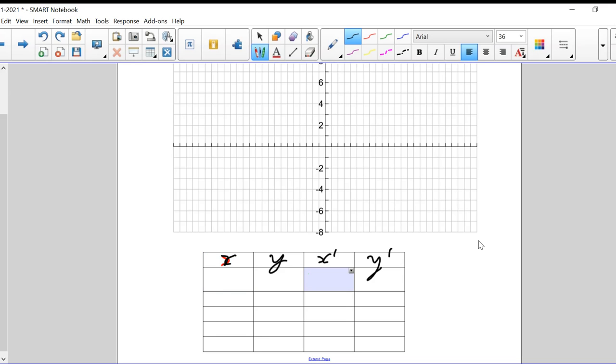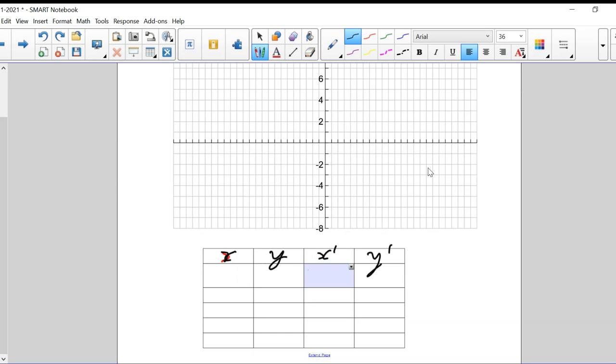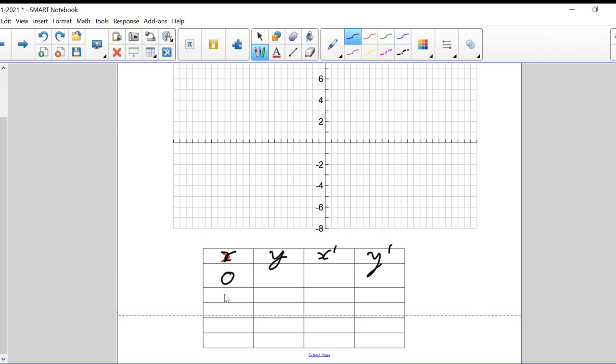So what I'm putting into the table are the same 5 points that would be on a starting sine function. Hang on, sorry, is this sine or cosine? Sine function. And that would be 0. Let's try it again. That would be 0.